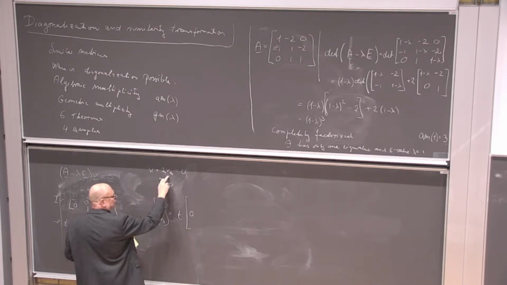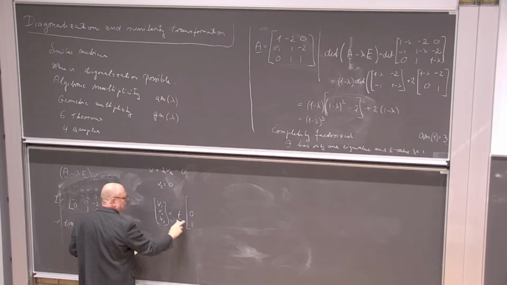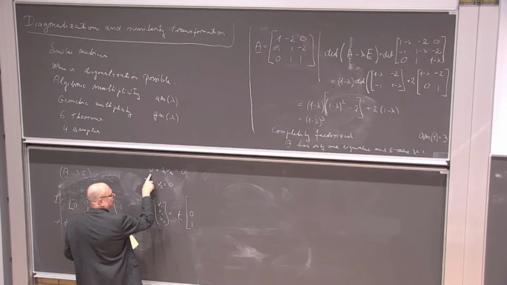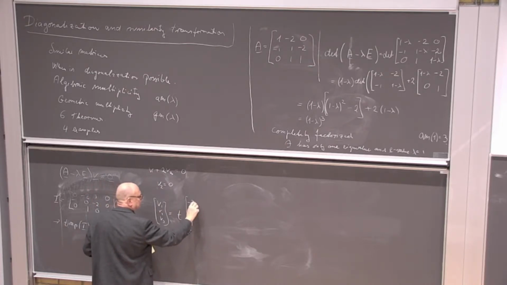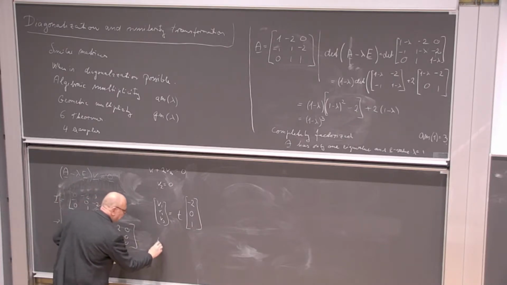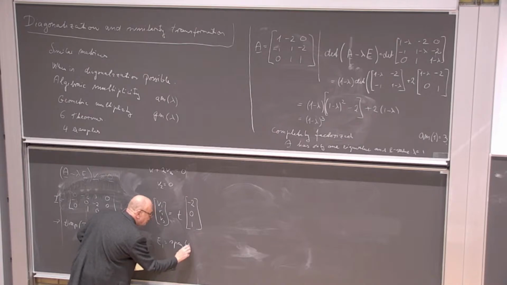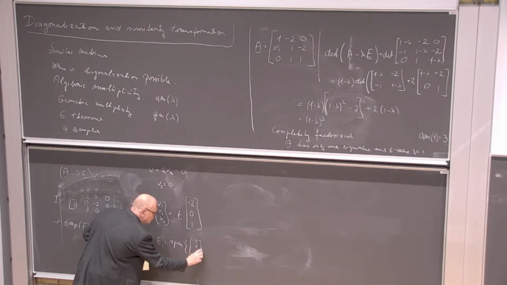And if you choose V3 as a free parameter, you have a t here. And then V1 will be minus 2t. And you have that E1 is the span of this vector, minus 2, 0, 1.